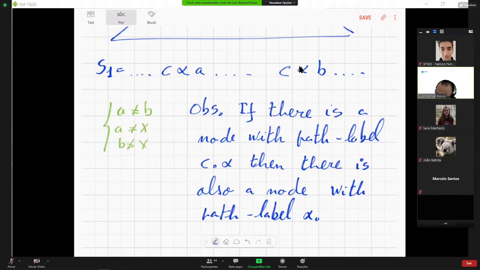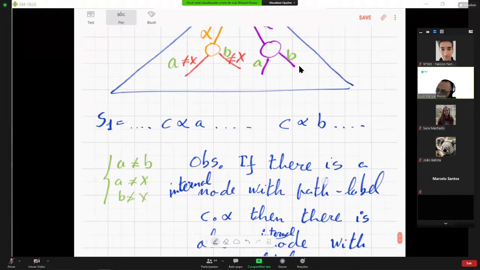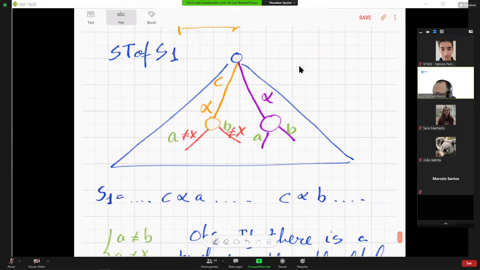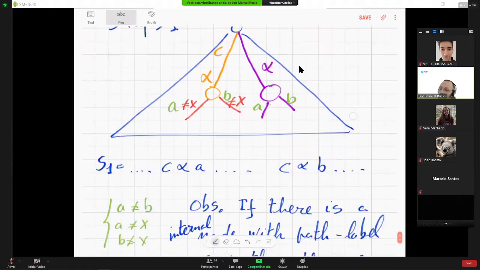This is basically an internal node, so not a leaf, there's also an internal node, right? So what our algorithm is doing is reading C alpha in the tree, and then reading alpha. And this is the reason why it takes so long, because it's rereading alpha.